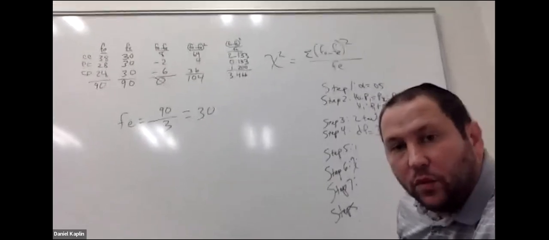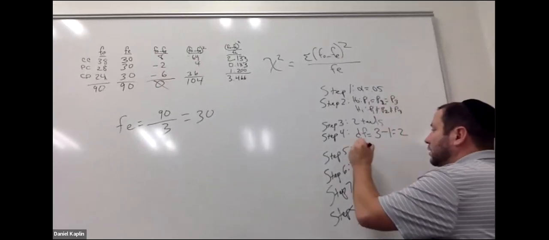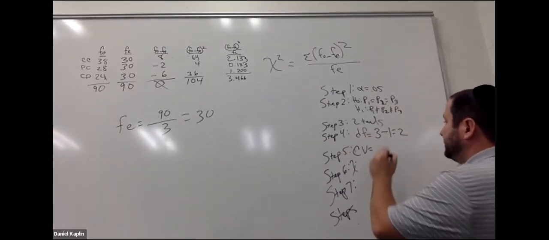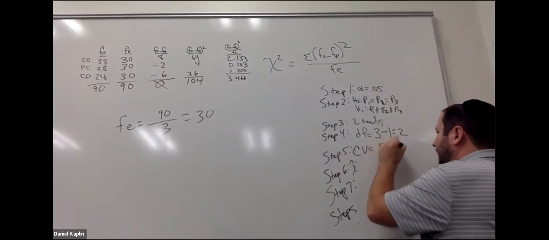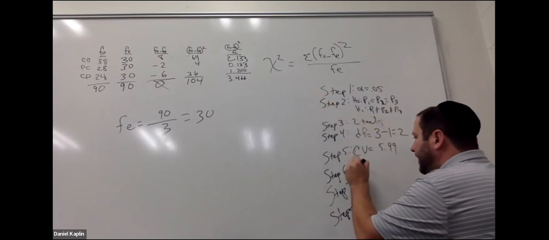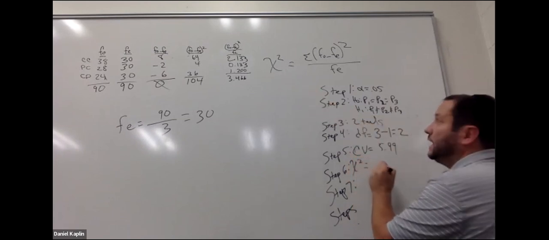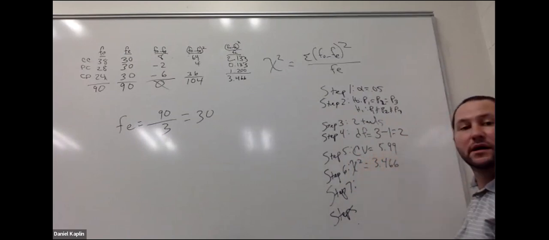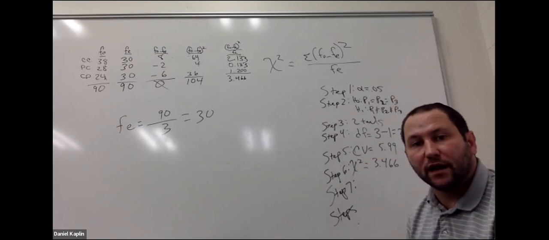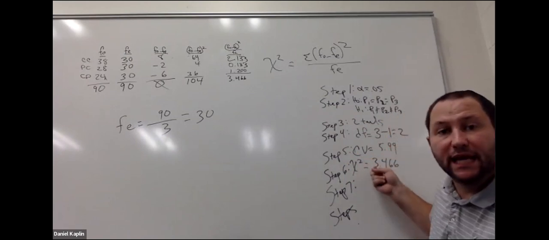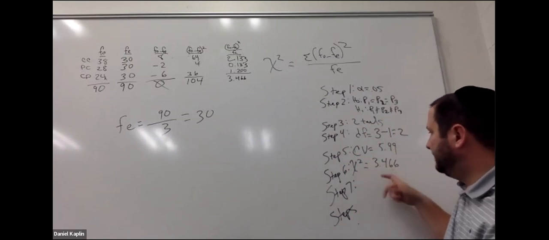And now we're ready to go with our critical value. If we go to the back of the book, this is going to be 5.99 again. And our chi-square value was equal to 3.466. Now, you may recall we reject the null hypothesis when our observed score is equal to or greater than our critical value.